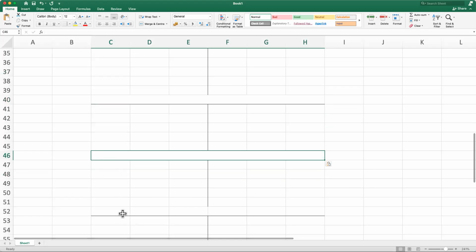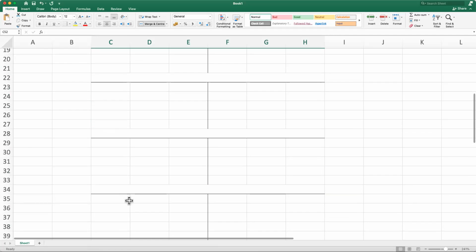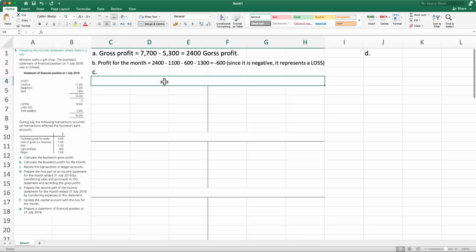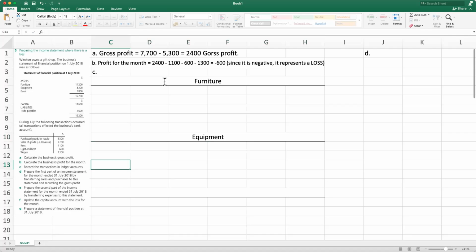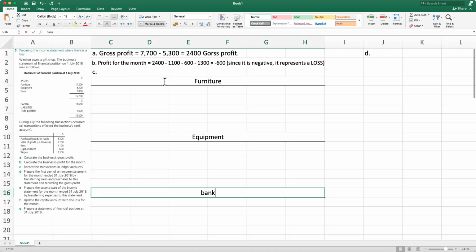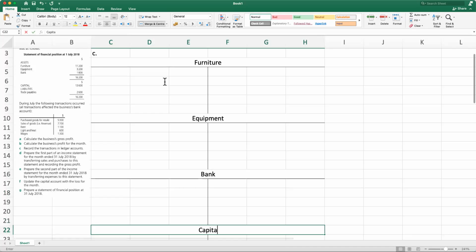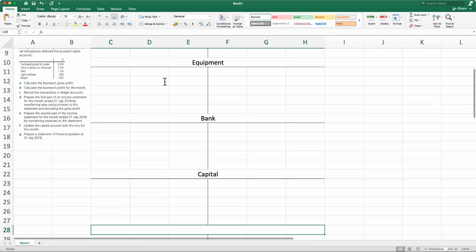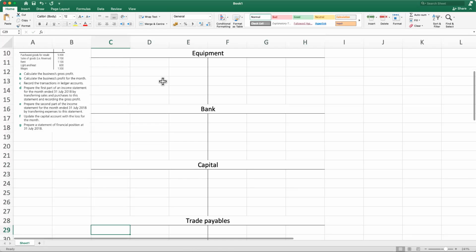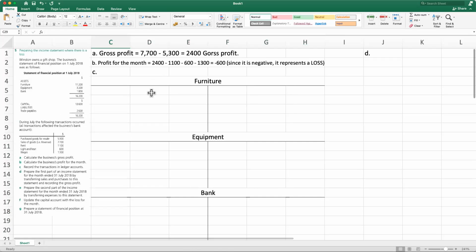So open up all your T accounts right now, starting with furniture, equipment, bank, capital, payment. Okay, so these are the ones that will have a balance.